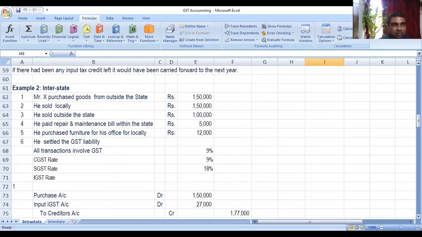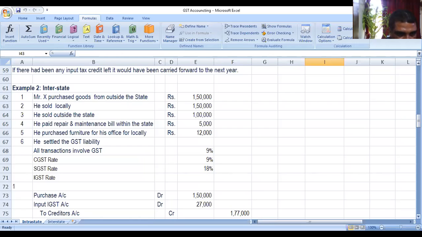Mr. X purchased goods from outside the state, which is rupees 1,50,000. He sold locally rupees 1,50,000. He sold outside the state rupees 1 lakh. He paid a repair and maintenance bill within the state, which was rupees 5,000. He purchased furniture for his office locally, which was rupees 12,000.